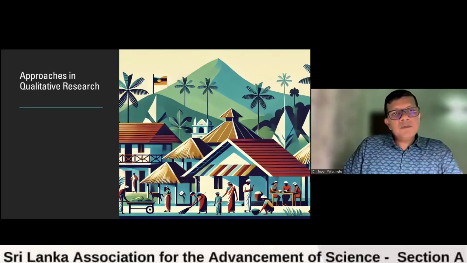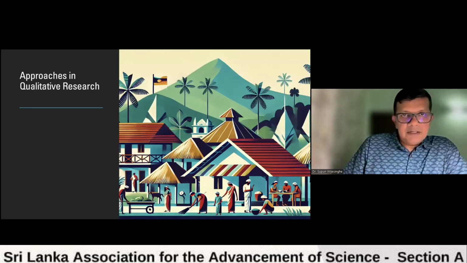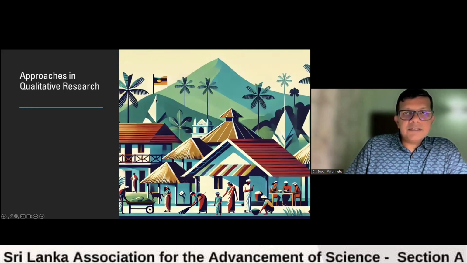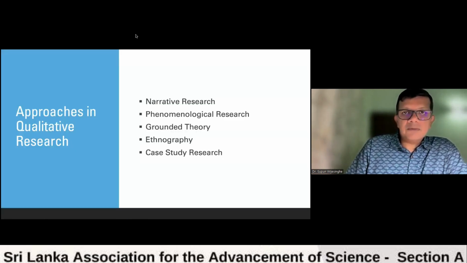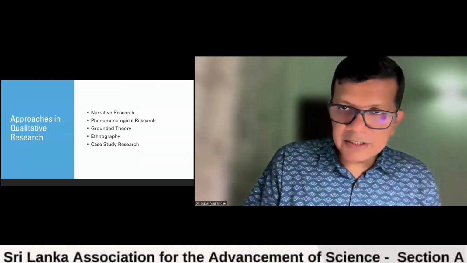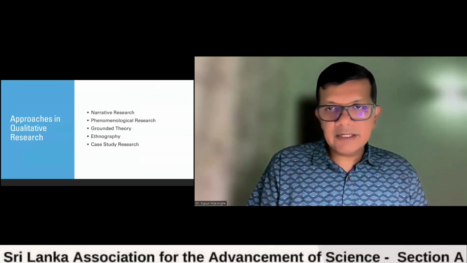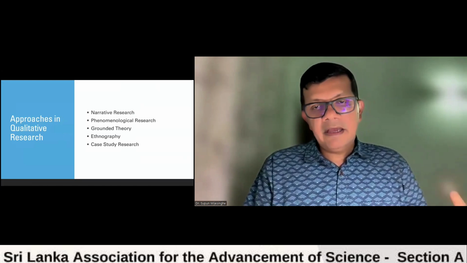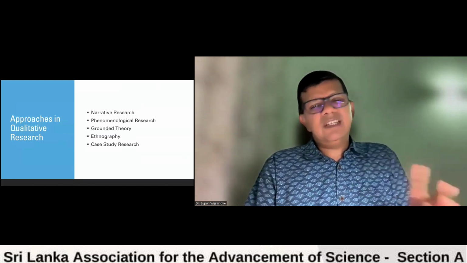So we'll move into the approaches of qualitative research. Now, if you look at the approaches, qualitative research mostly talks about a few approaches. We have narrative research, phenomenological research, grounded theory-based research, ethnography, and case study research. So these are the major areas.